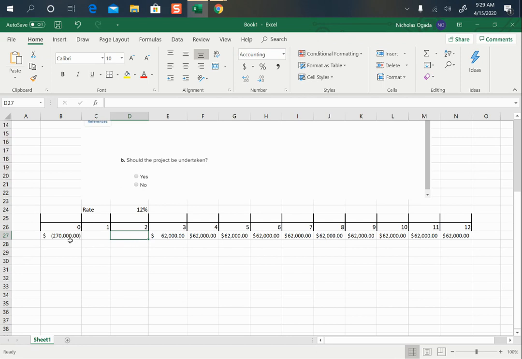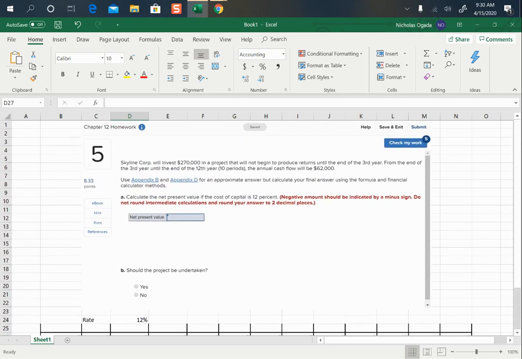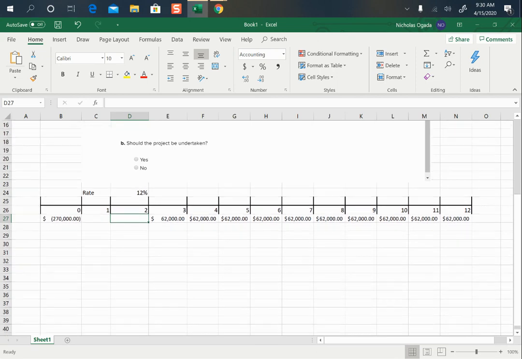So you invest 270,000 today, but you'll be saving 62,000 each year for the next 10 periods, beginning at the end of year 3.